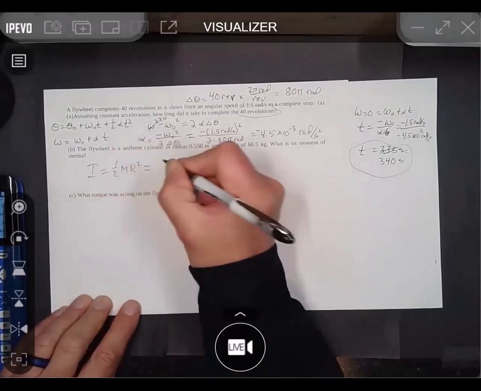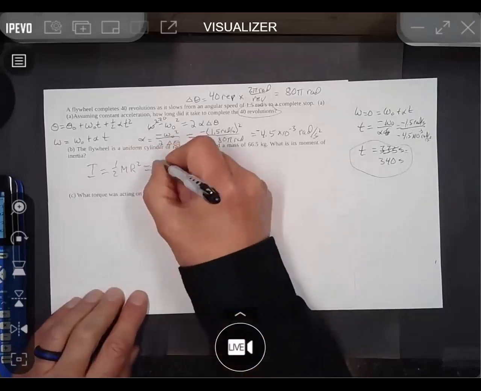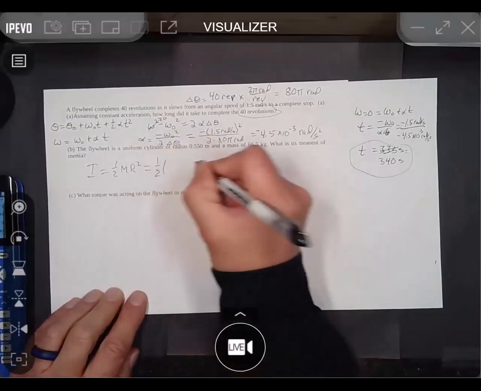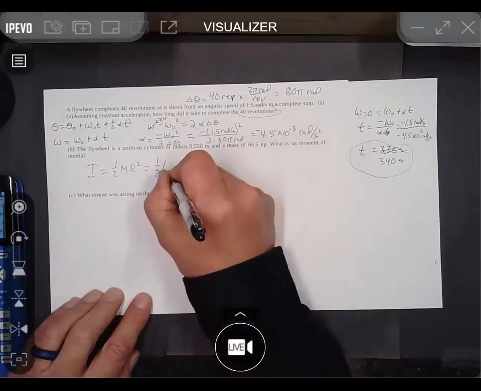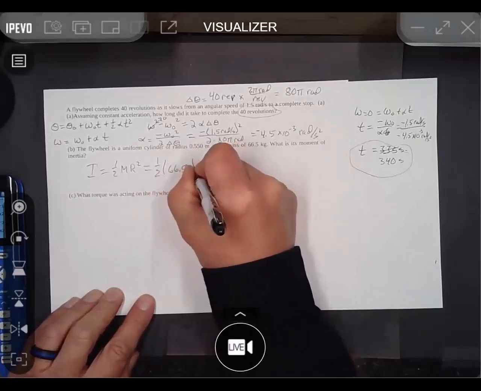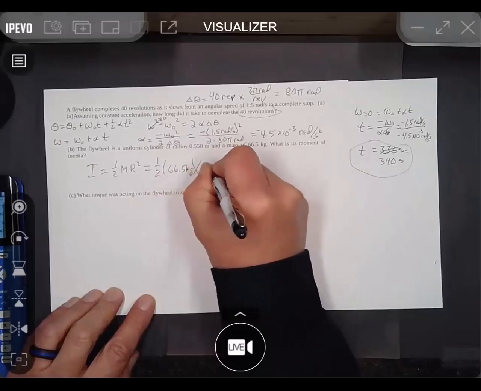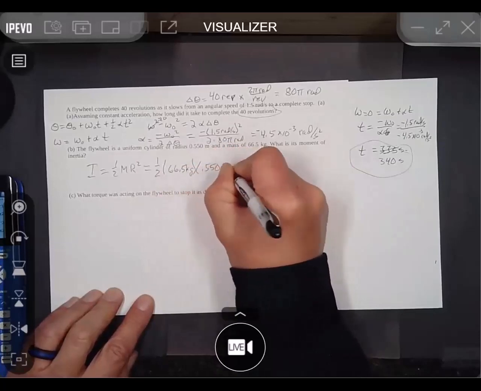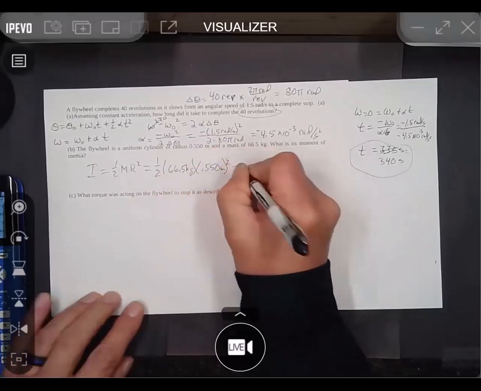Those are the things most common. So 1/2 times 66.5 kilograms times 0.550 meters squared.